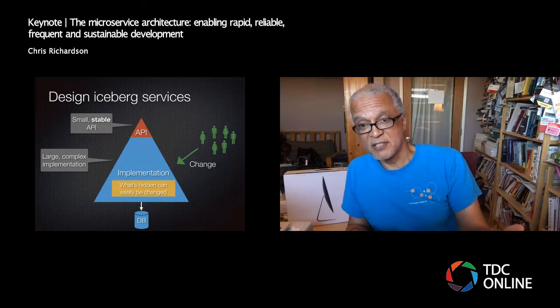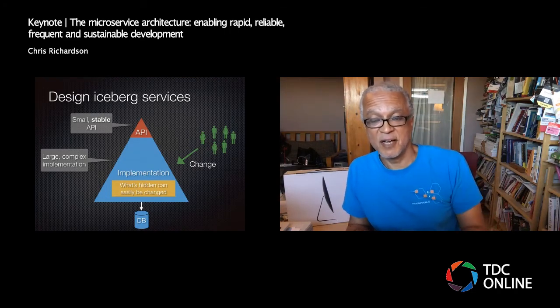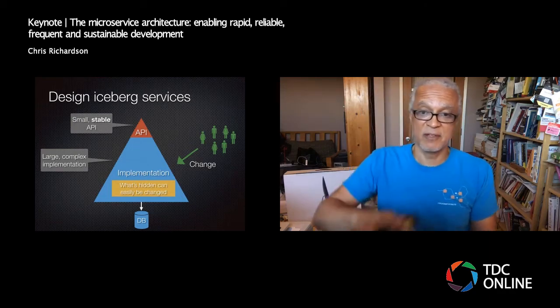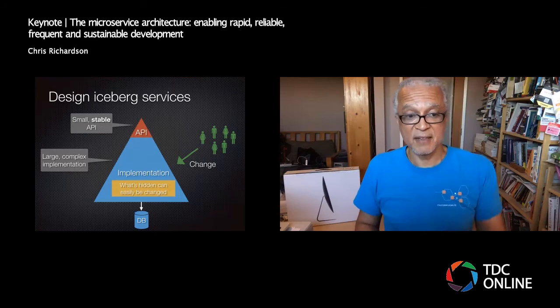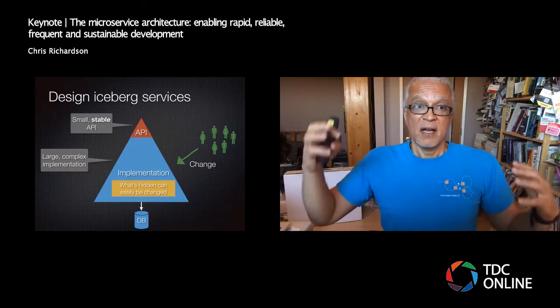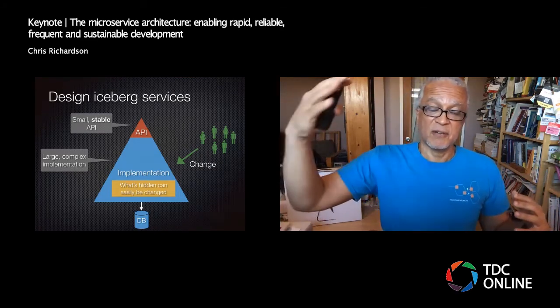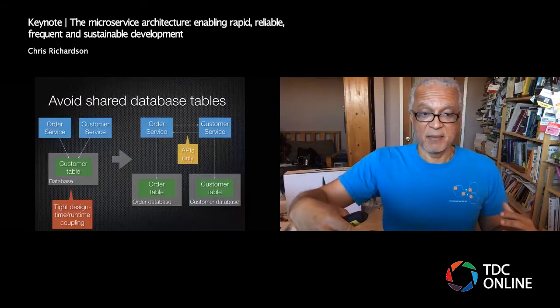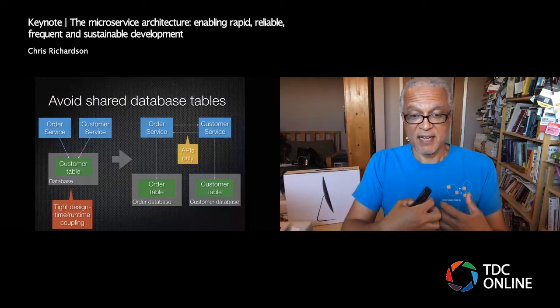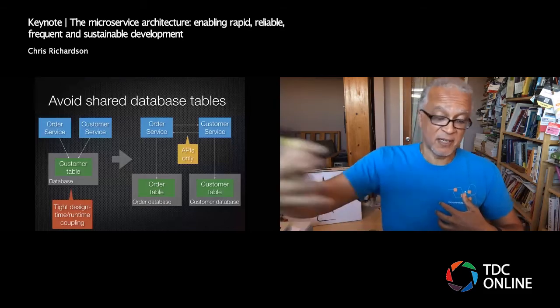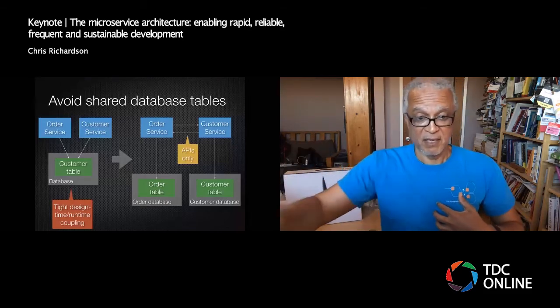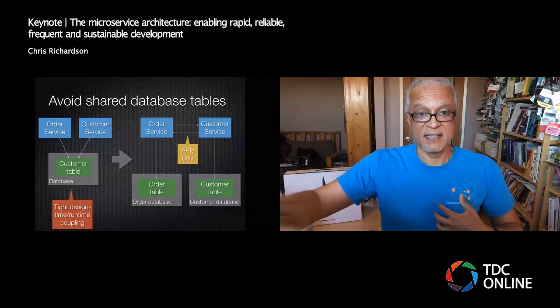And the fundamental issue that they had, I believe, was that they ignored this notion of coupling and had a shared library that multiple services used. So that's the problem. You also want to avoid shared database tables because that results in design time coupling as well. I can't change my schema without talking to all of the other people whose services access that schema.